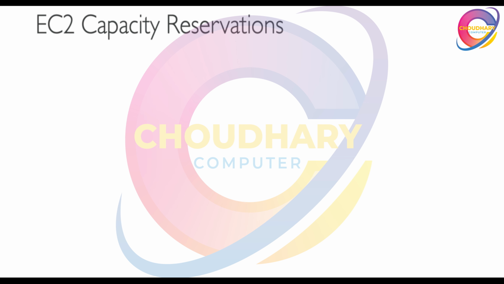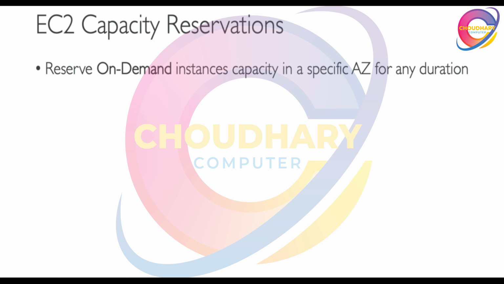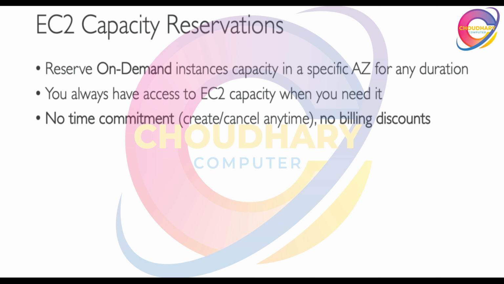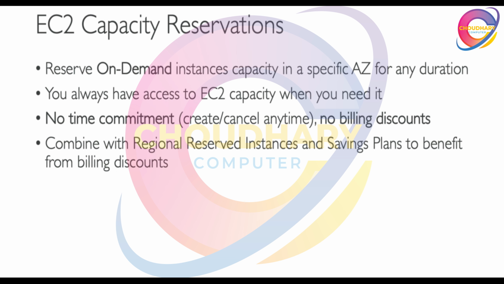Next, we have capacity reservations for EC2. So you can reserve on-demand instances in a specific AZ for any duration. And then you get access to that capacity whenever you need it. You have no time commitment, so you can reserve capacity or cancel your reservation at any time, and there are no billing discounts. The only purpose is to reserve capacity.